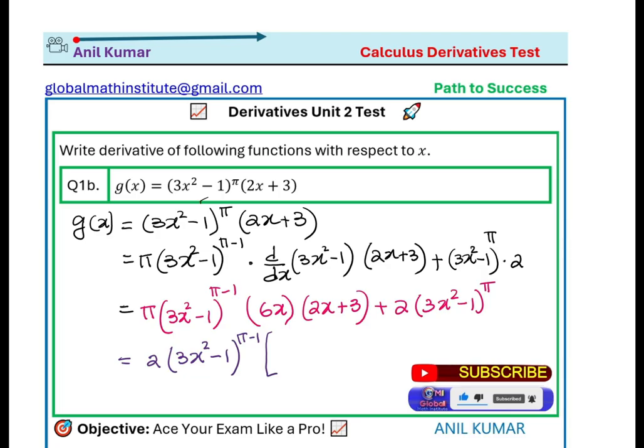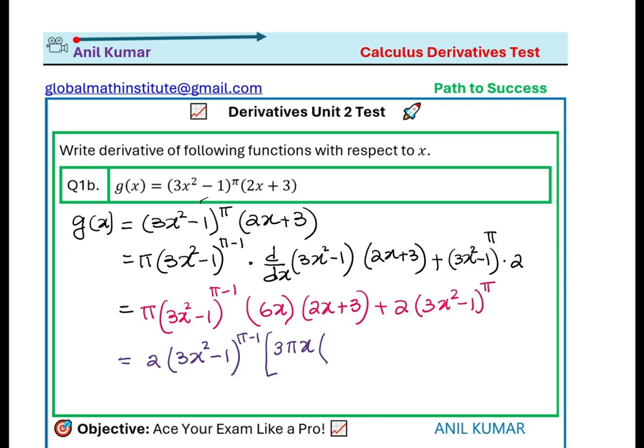So we have 3 pi x times 2x plus 3, right? And on this side, we have plus 1, since 1 times pi minus 1 was factored out. So we have 3x squared minus 1.